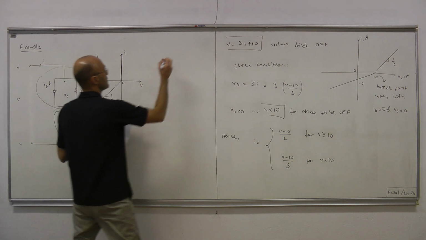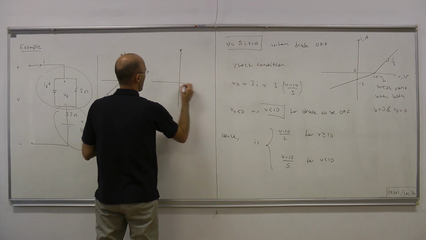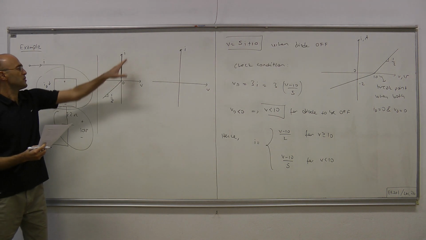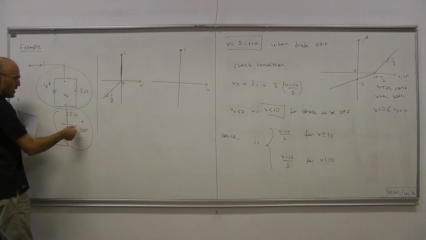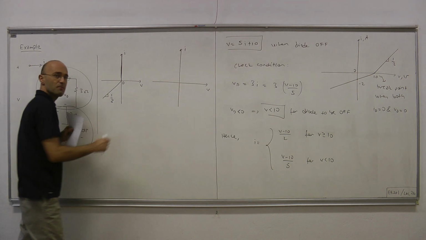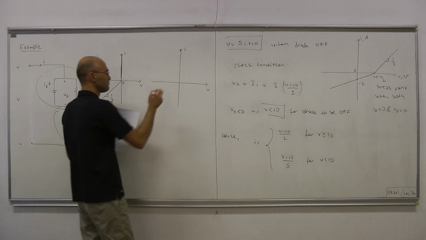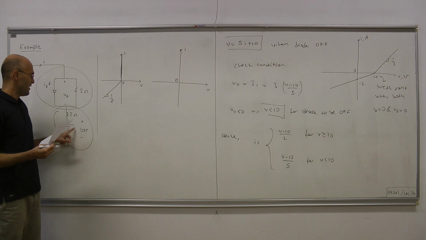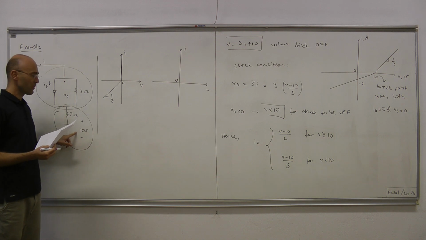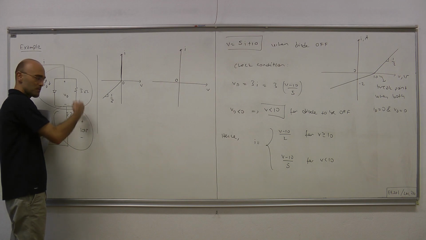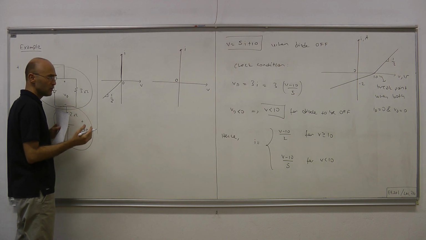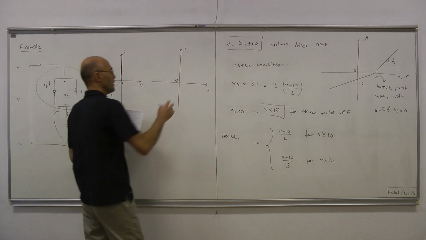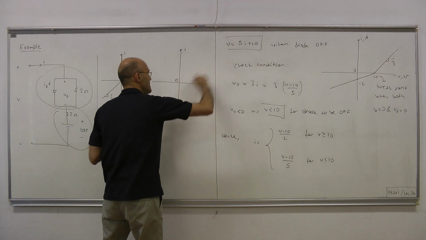And as for this part here, we have a 2 ohm resistor, which is a line passing through the origin with slope 1/2 mhos, and then to that we add a 10 volt voltage source. Adding a 10 volt voltage source in series with any one port will shift everything to the right 10 units.